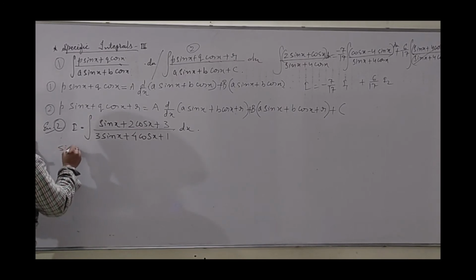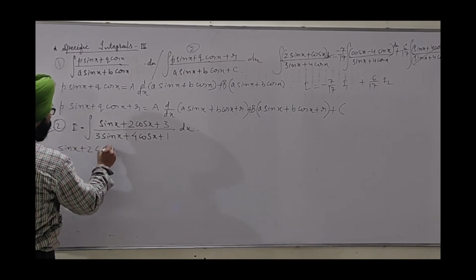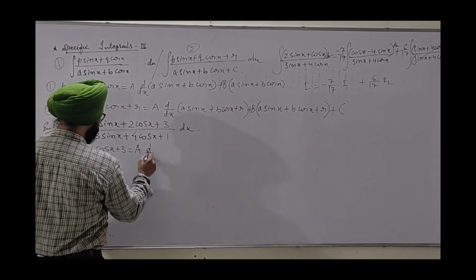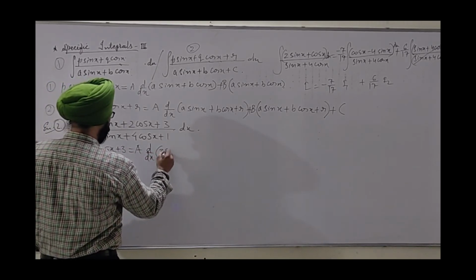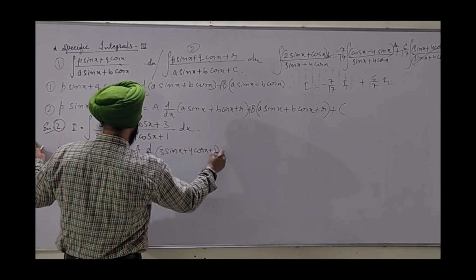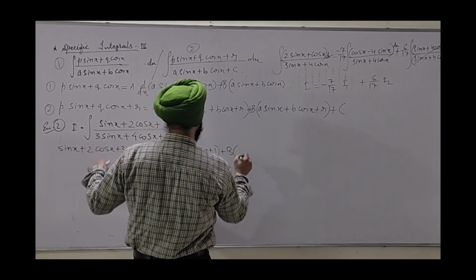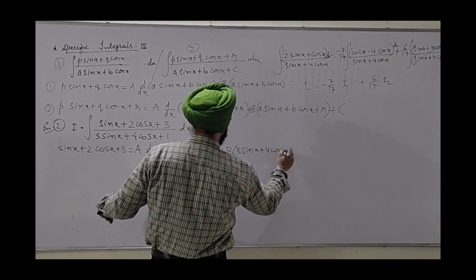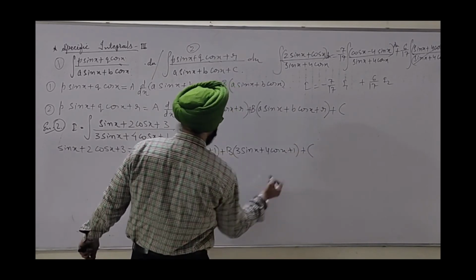First, you write the numerator. Then we write A times the differentiation of the denominator, plus B times the denominator completely as it is, no change, and one capital C as a constant.